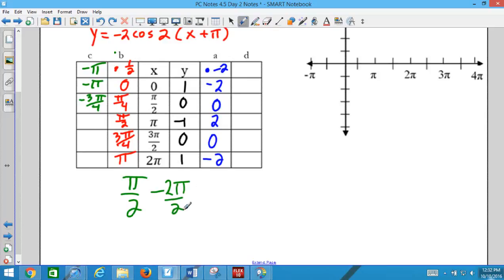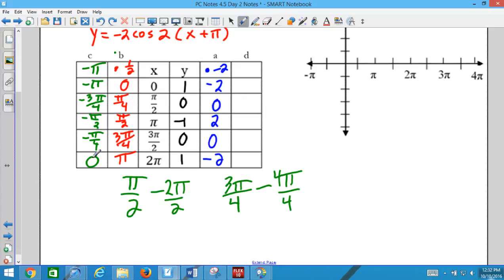It's going to be negative pi over 2. If I'm doing 3 pi over 4 and I'm subtracting pi, then I have to make that 4 pi over 4. And then pi minus pi is 0. Yay! Okay.